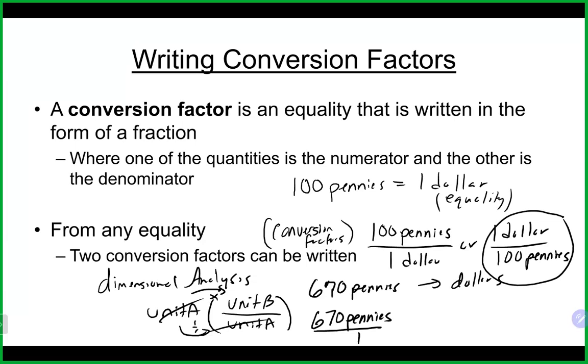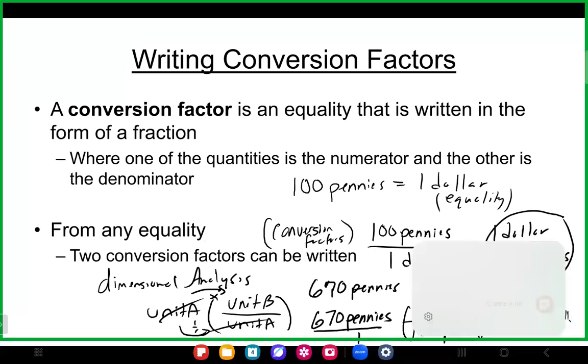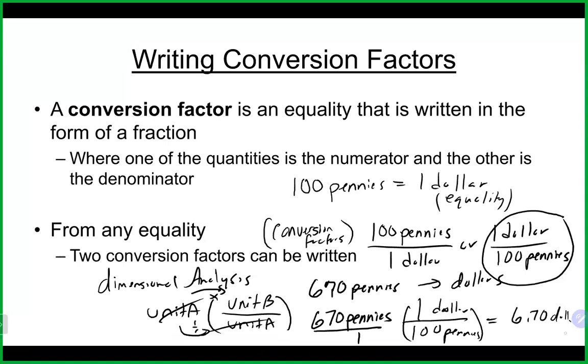We go opposite location here, and we have our 100 pennies over our $1. And that's going to get us $6.7, I guess, in this case.